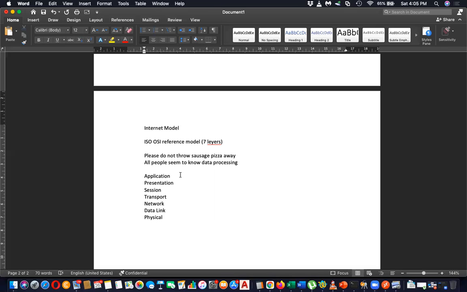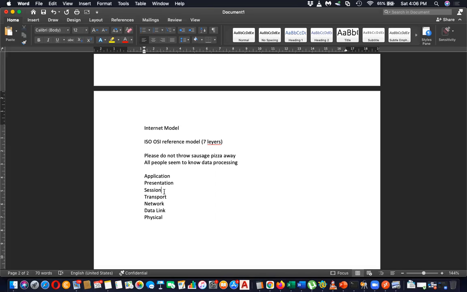The application layer is the closest one. It has different applications like HTTP and FTP. The presentation layer is about data representation, how data is presented in the application layer. The session layer is like handshaking; it connects to another computer and maintains a session, and in between that session we can transmit data.